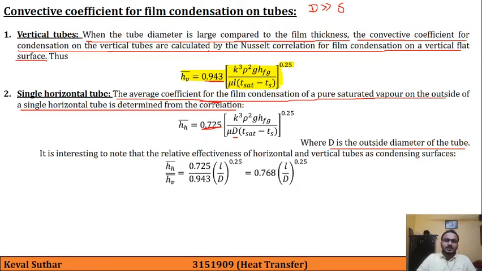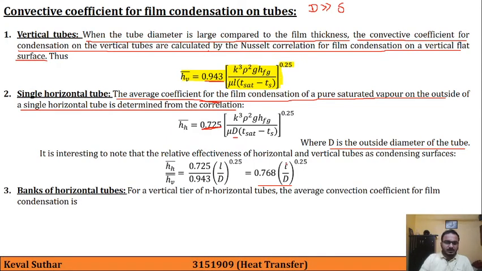The ratio that I was discussing: the difference is only in the coefficients and in the dimension. The average value of heat transfer coefficient for horizontal tube and vertical tube is given by this formula. So this is the only difference that is there.